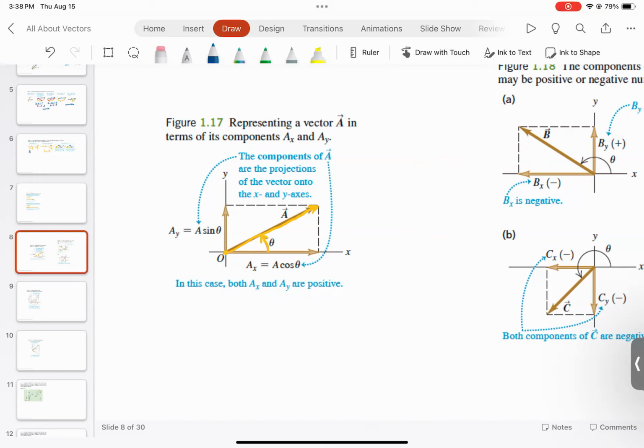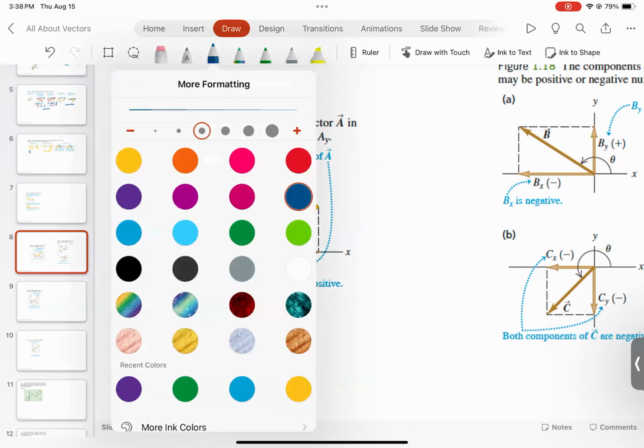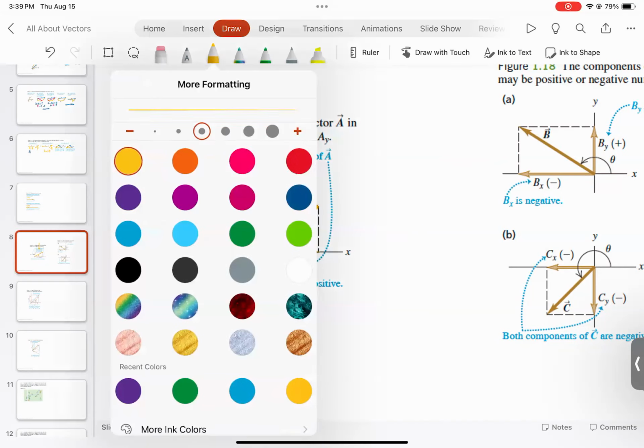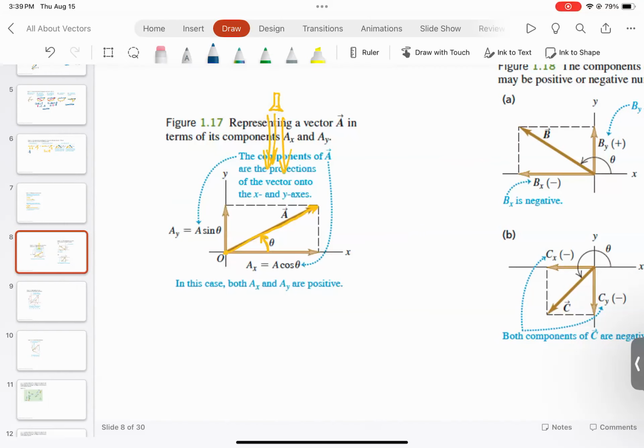So pag sinabing projection, basically is this. Imagine niyo na meron kayong flashlight. Okay, may ilaw na nagaano sa direction na yun. Ngayon, yung vector A na yan ay magpuproduce ng shadow.